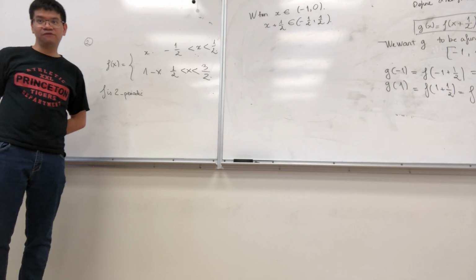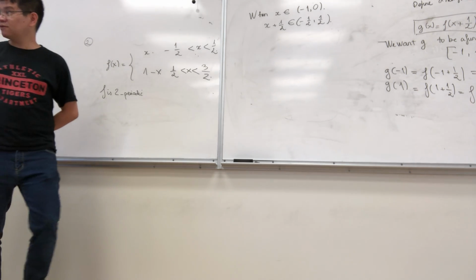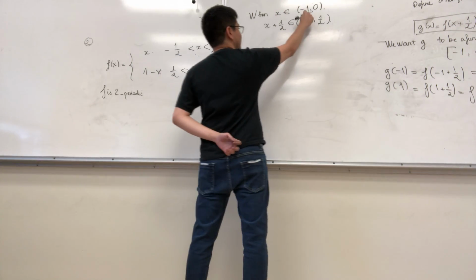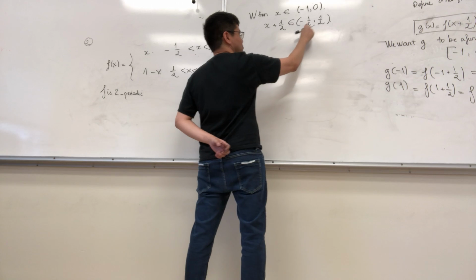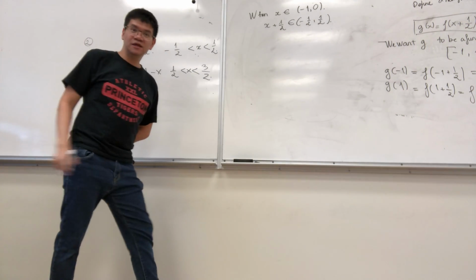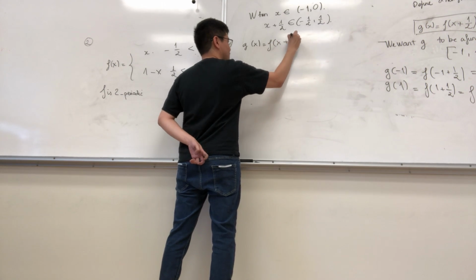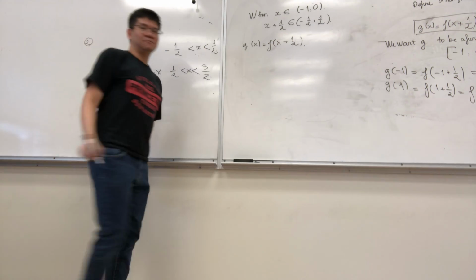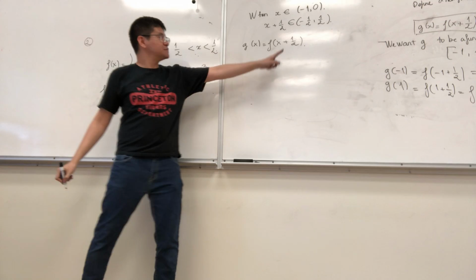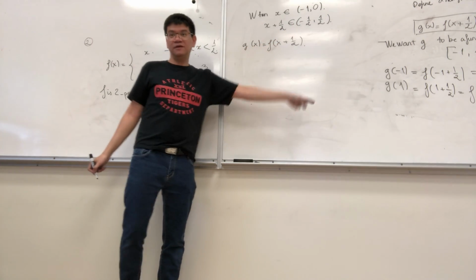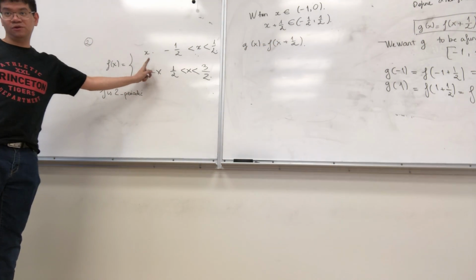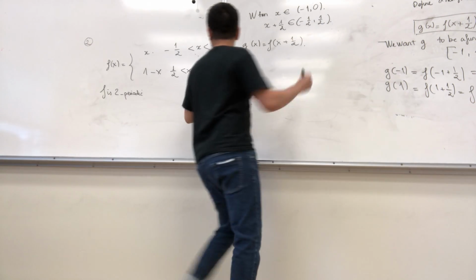Now I want to find the value of the function g. So g of x will be f of x plus 1/2. But x plus 1/2 is in -1/2, 1/2. So I'm going to use the first formula, which is x plus 1/2.